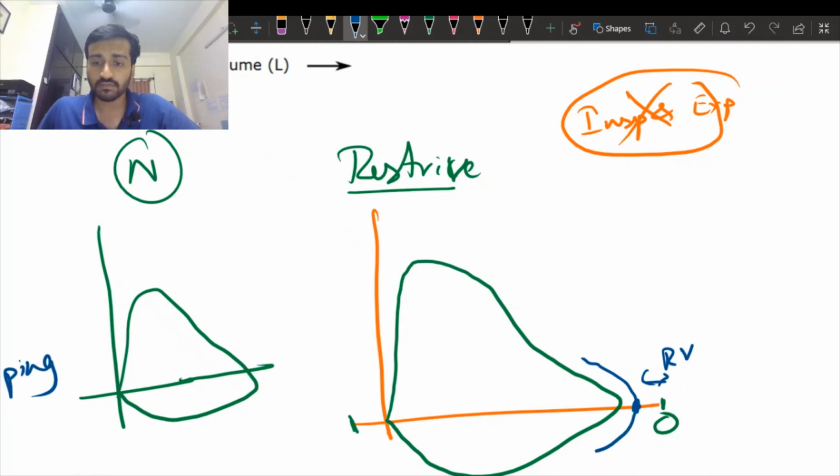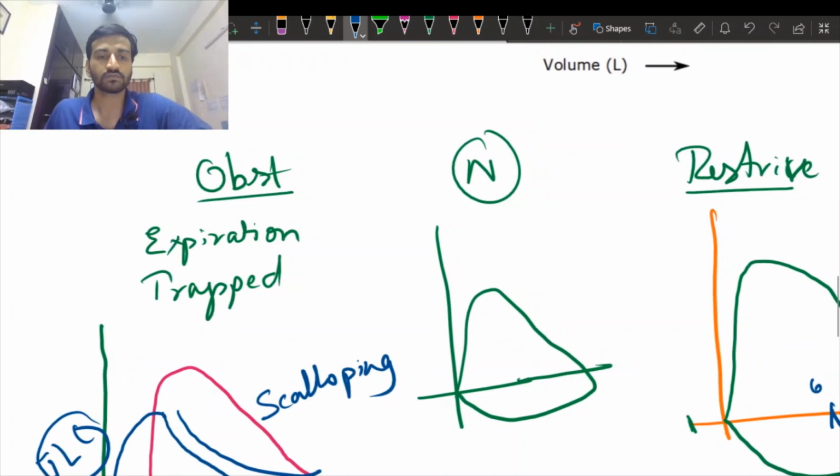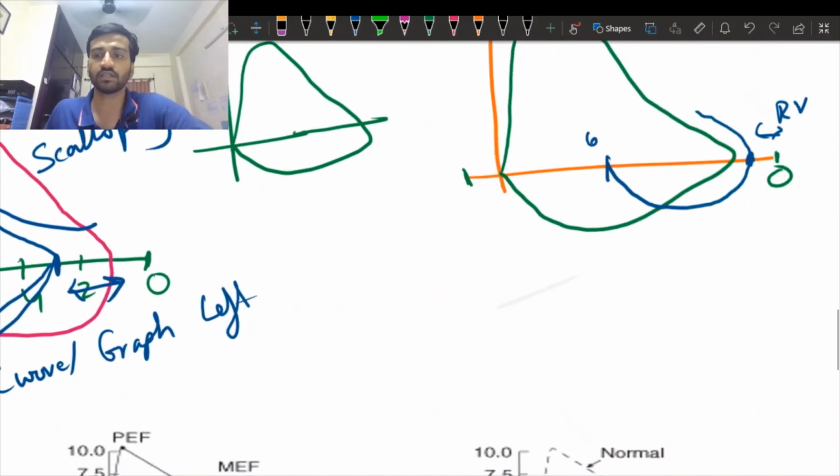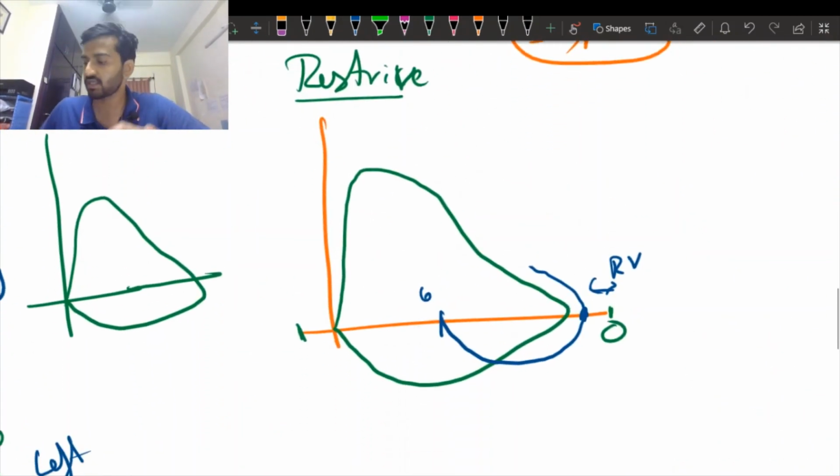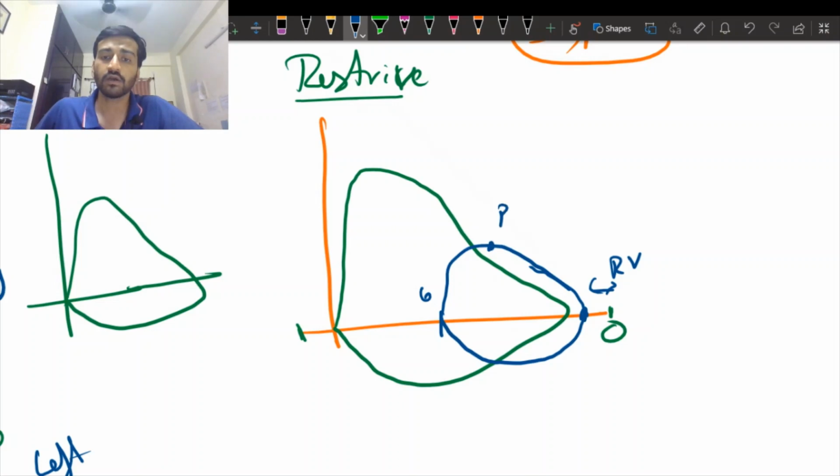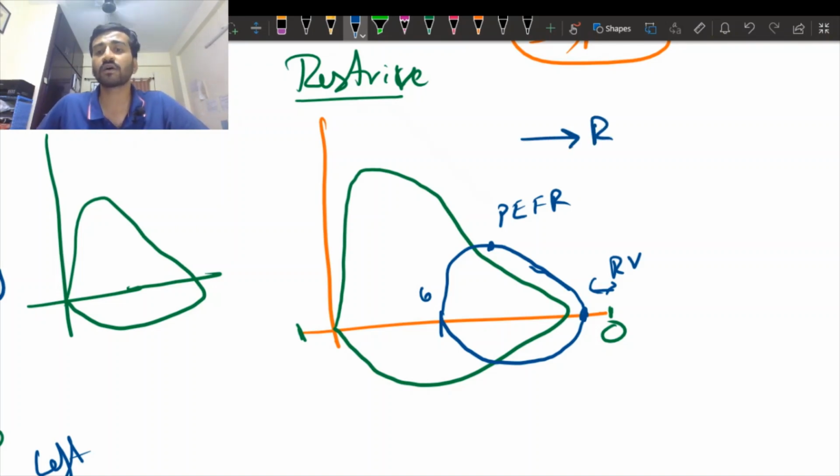After inspiration decreased, where do you think it will be? Around here, 6, and it was 8 here. Inspiration decreases as well as the expiration, and so does the PEFR, right? So the total capacities will decrease and this loop will shift towards the right side.